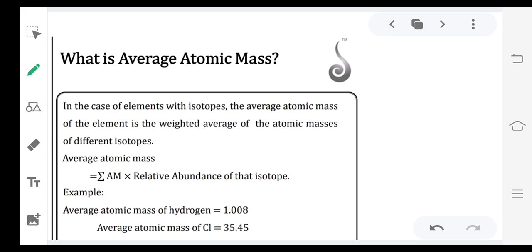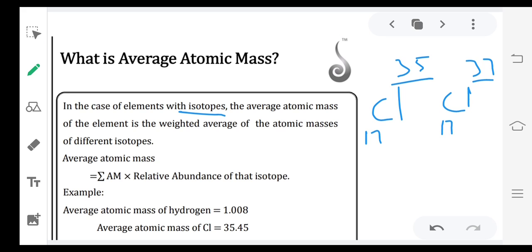Next, what is average atomic mass? In case of elements with isotopes, take chlorine, which has two isotopes, chlorine 35 and chlorine 37. These are mass numbers, and atomic number is 17.